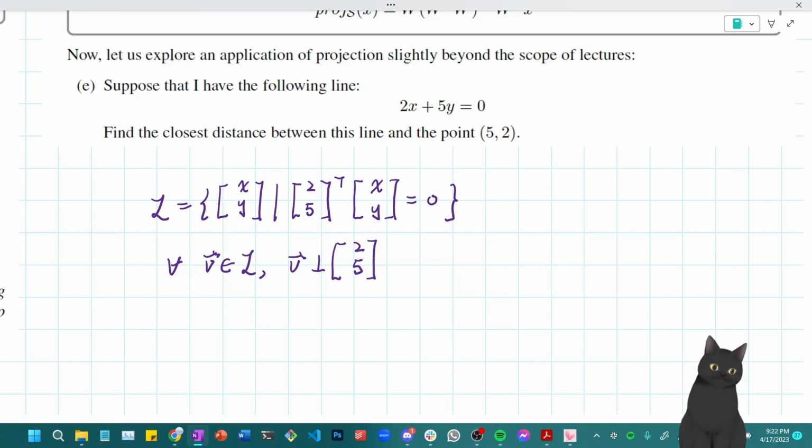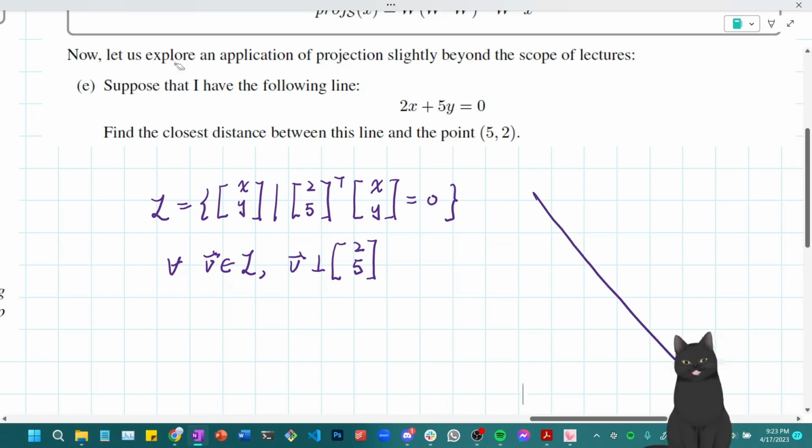So first of all, what I discover from here is that the shortest distance between a point and a line should be expressed as something that's perpendicular to the line itself. For example, this line 2x plus 5y equals 0 might be drawn as some line like this, and (5, 2) might be a point here. If I have a line segment that represents the shortest distance, then it should be perpendicular to the line 2x plus 5y is equal to 0.